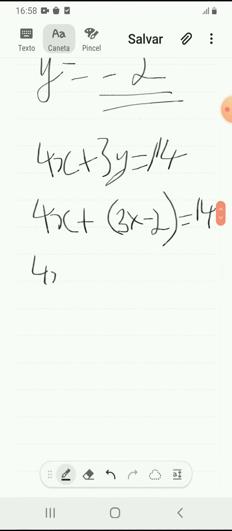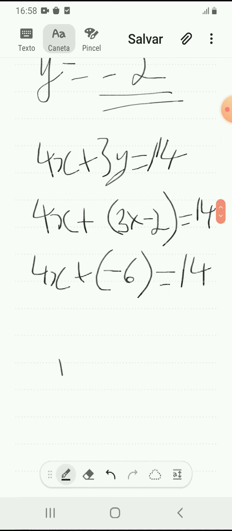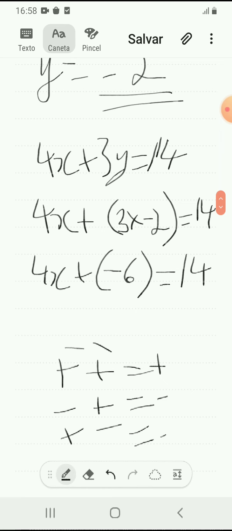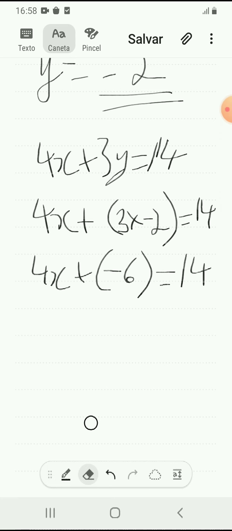So we have 4x plus 3 times minus 2, which gives us minus 6, equals 14. We know that positive times positive gives positive, negative times positive gives negative, positive times negative gives negative, and negative times negative gives positive. So in this case, positive and negative gives us negative.